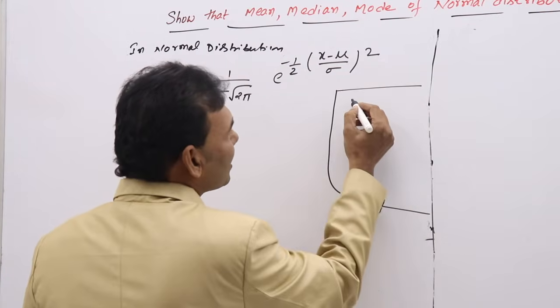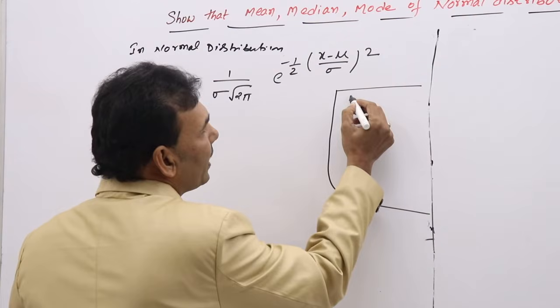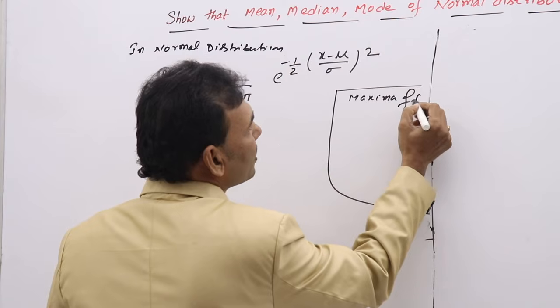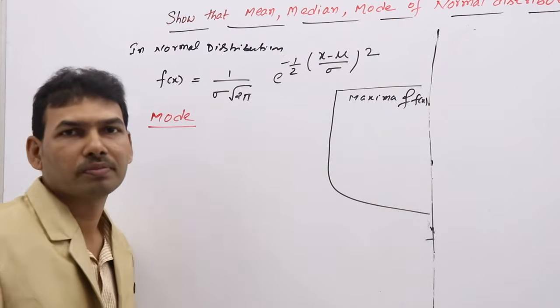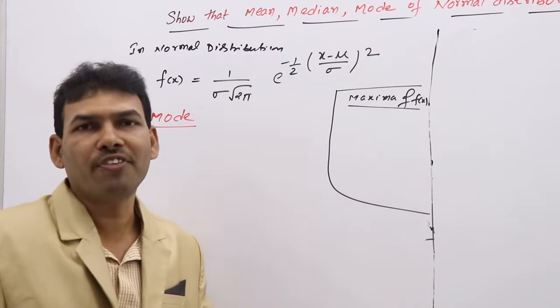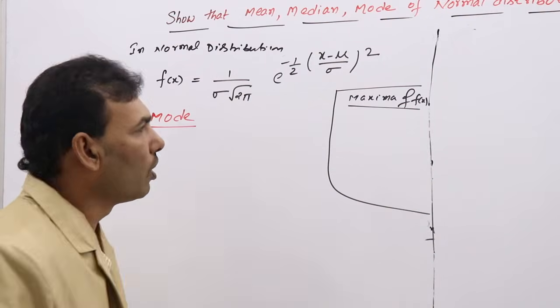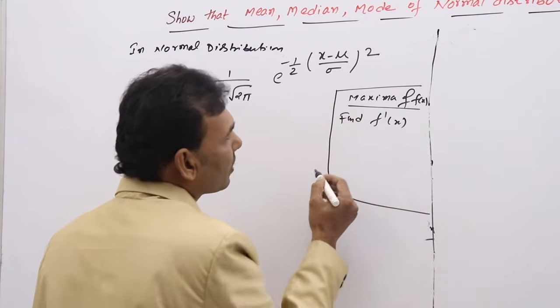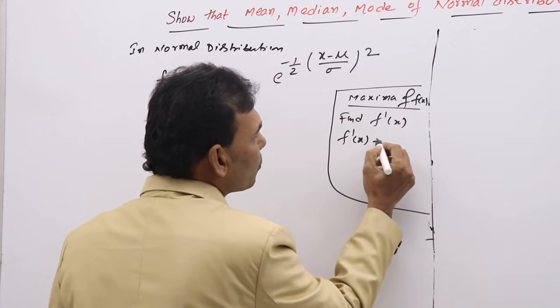If f of x is given, finding maxima or minima of the function f of x. To find the maximum value of a function in a single variable, first find f dash of x and equate f dash of x to 0.